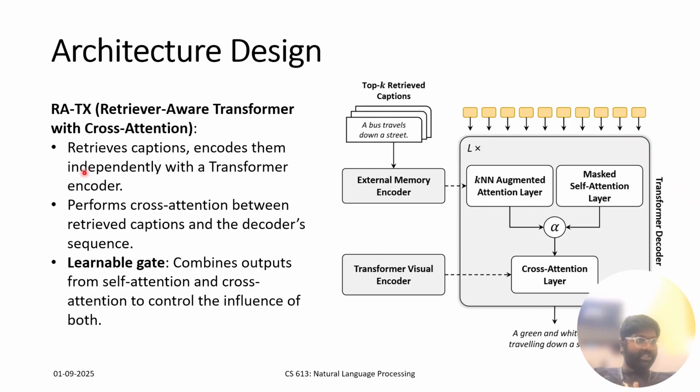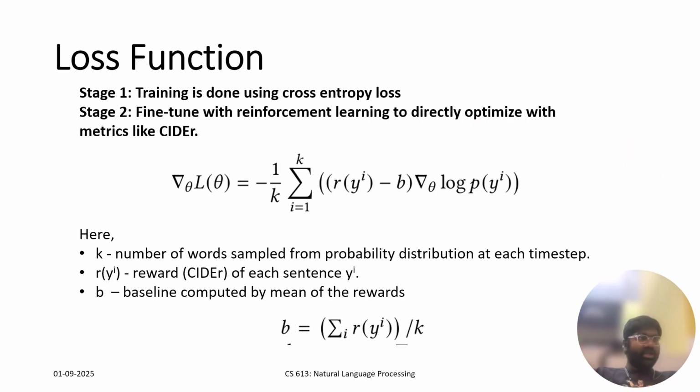So the main difference between RATS and RATX is this learnable gate in the cross attention, whereas in RATS we directly use the top K retrieved captions as a prefix after processing.